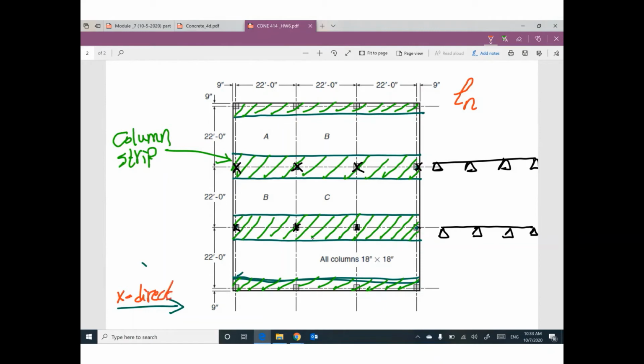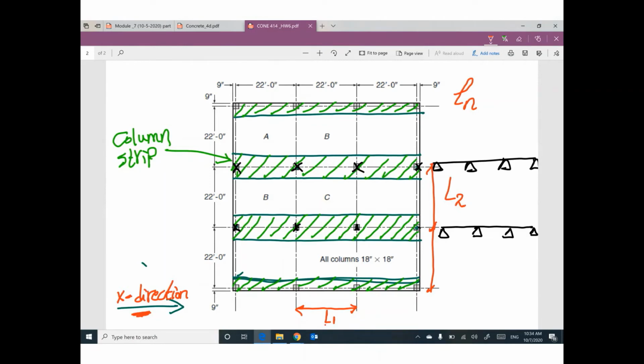So this length can be called L1, and this length from center line to center line can be called L2. So L1 is in X, and L2 is perpendicular to your direction.